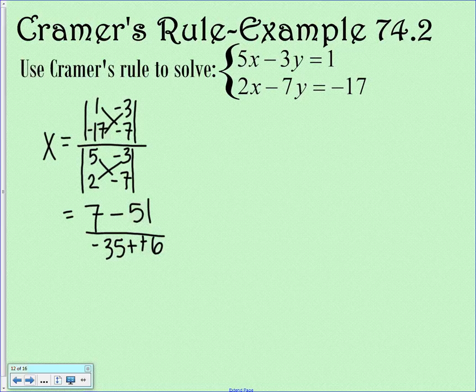Okay? So 7 minus 51 is going to give you negative 44. And then negative 35 plus 6 is going to give you negative 29.